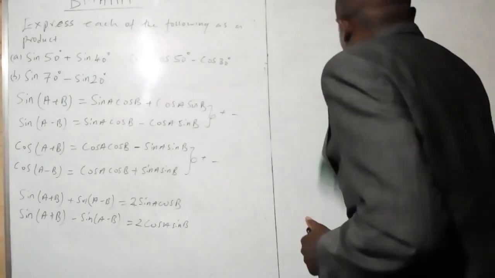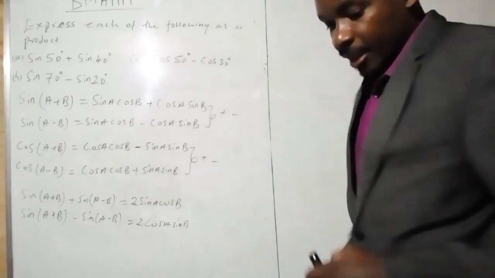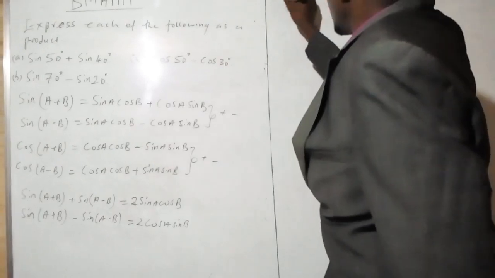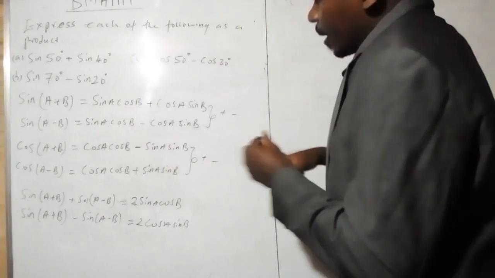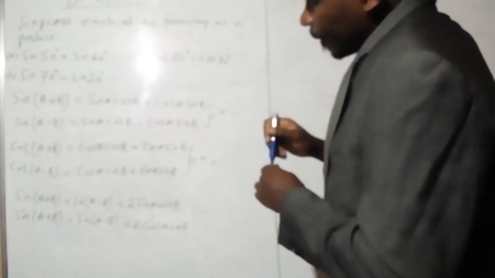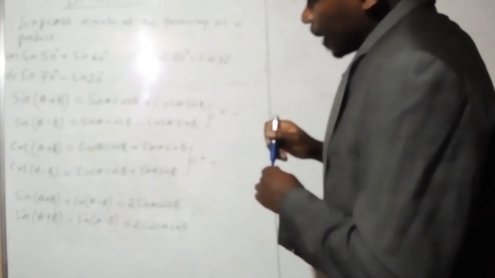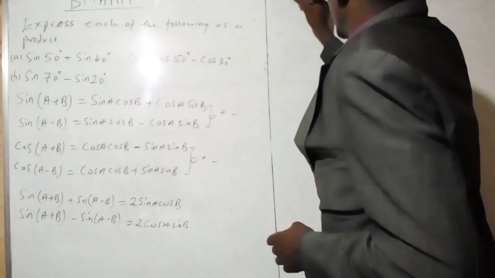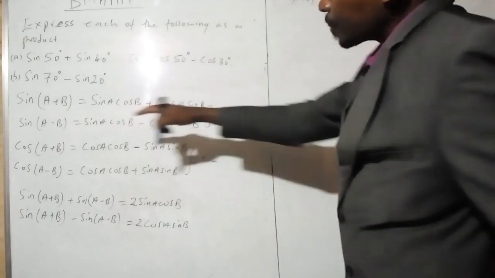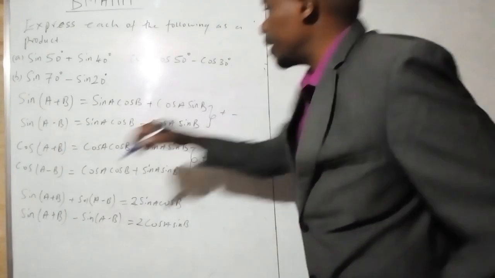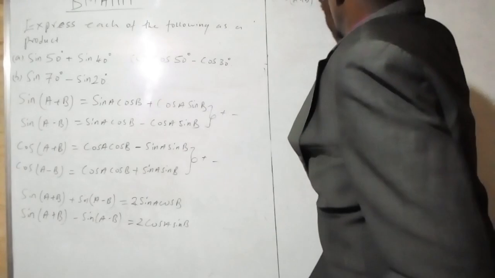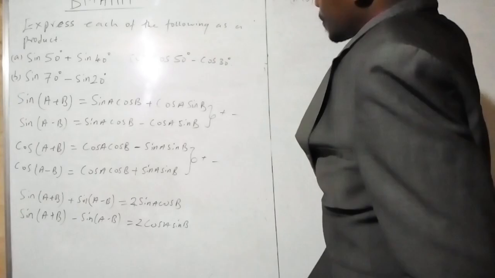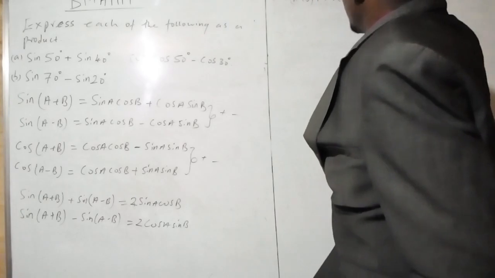Proceed to cos, we do the same. For cos, we add cos A plus B plus cos A minus B. We get what?